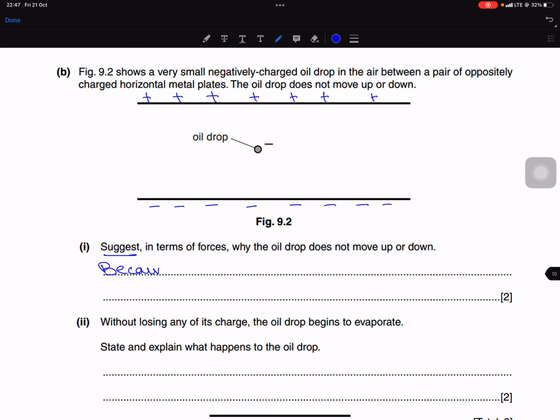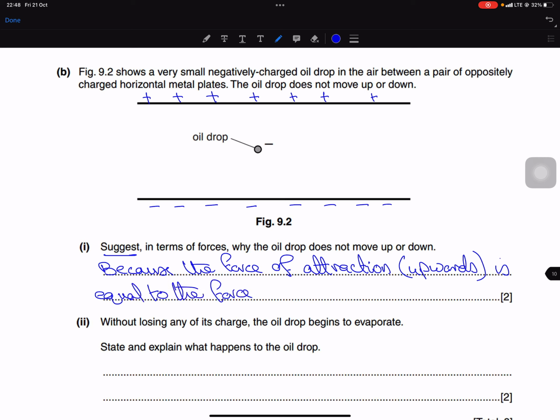Because the force of attraction, which acts upwards, is equal to the force of gravity, which acts downwards.